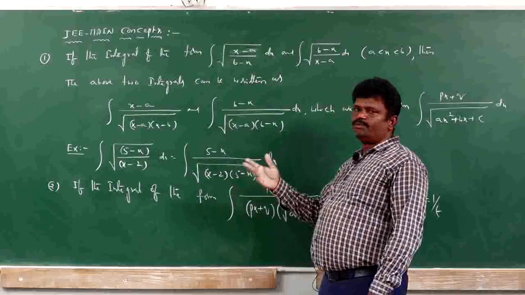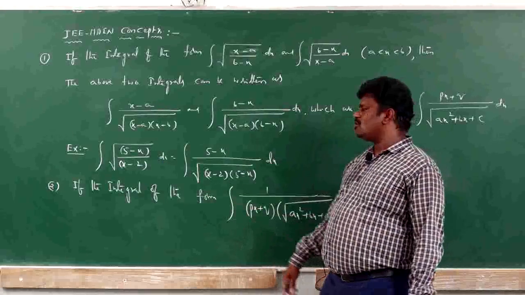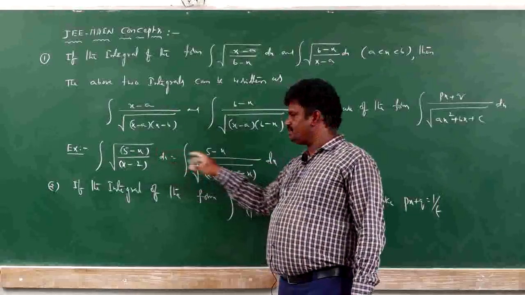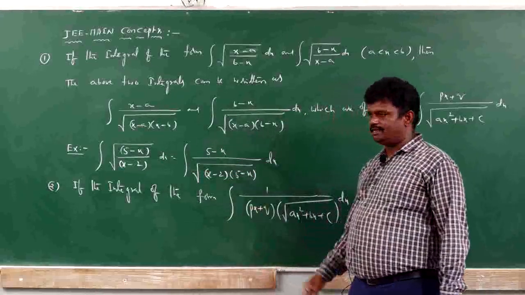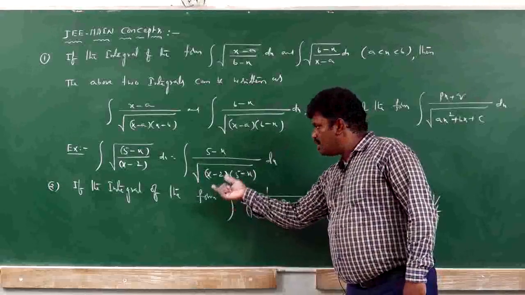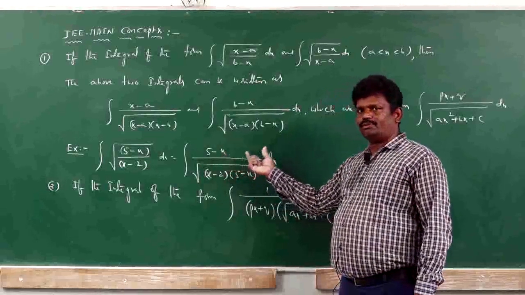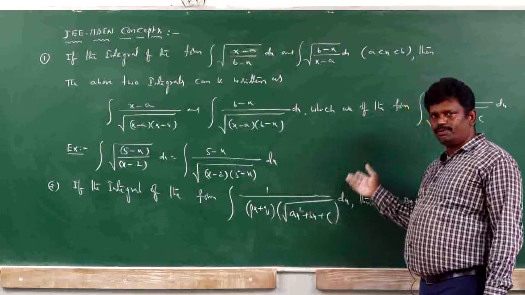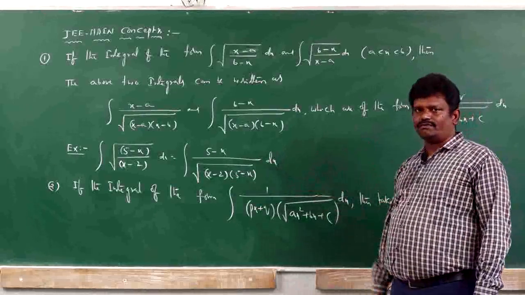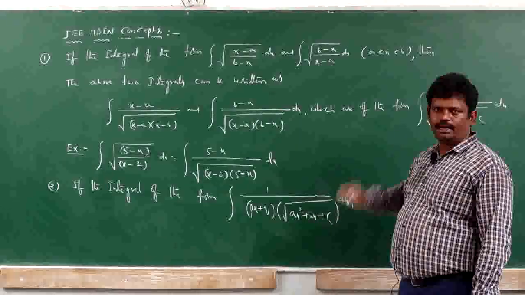Multiply numerator and denominator with root of 5 minus x, giving 5 minus x by square root of x minus 2 into 5 minus x. Now the denominator is a quadratic expression and the numerator is of px plus q form. Then we apply the method: px plus q equals A into d by dx of the quadratic plus B, and find the integral. That is one standard point.